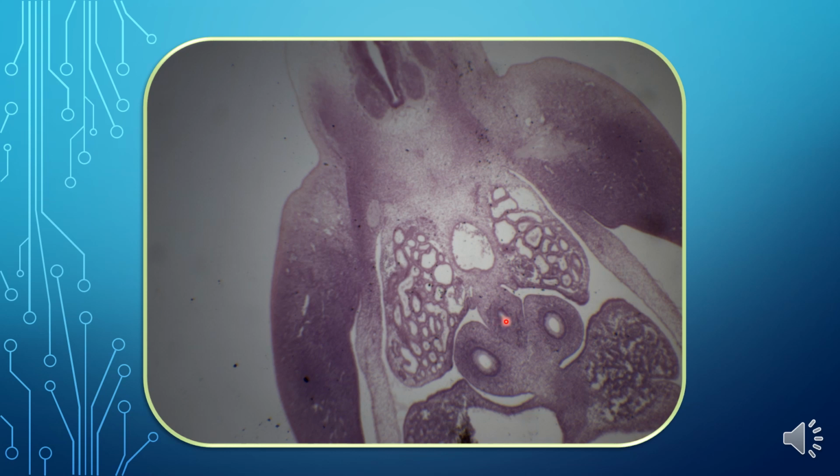Here you can see the esophagus and two main bronchi, and this is the dorsal mesentery and this is the ventral mesentery.